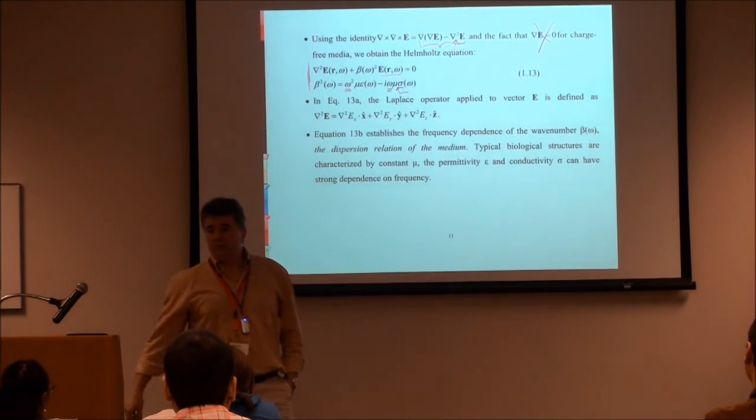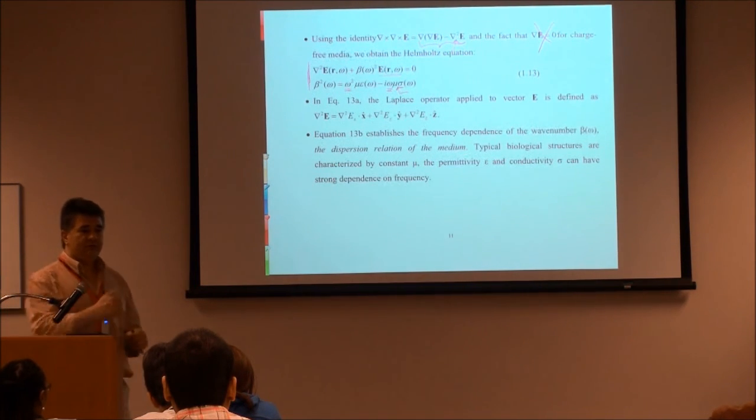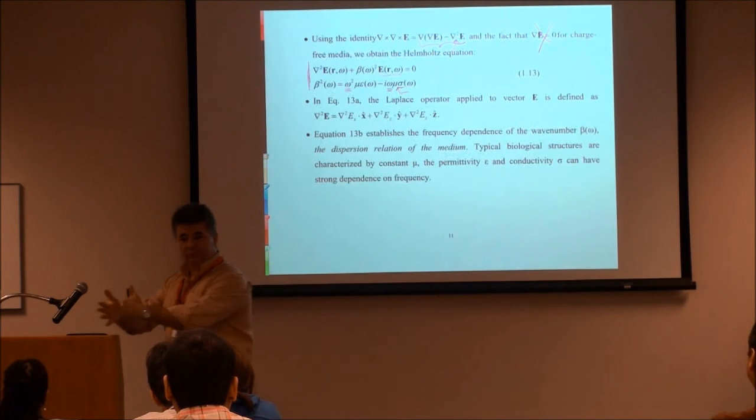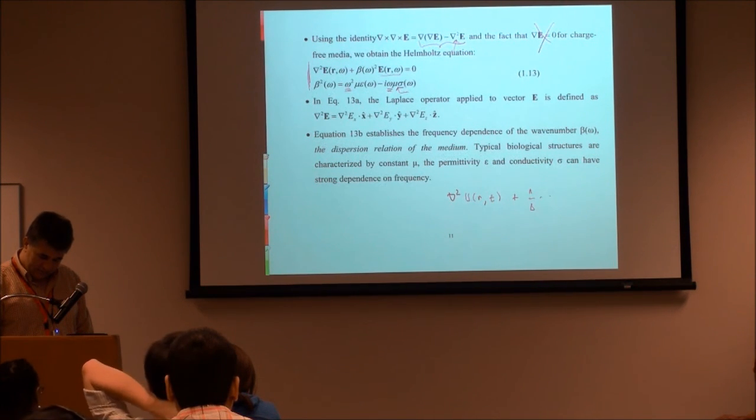Do you know an equation that's very similar to the wave equation, except that the time derivative is first order, not second order? For instance, what is this called? Lambda Laplacian of U of r and t plus something, 1 over D, dU/dt.